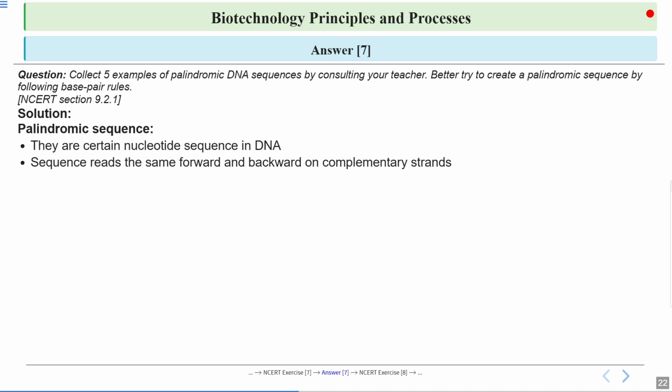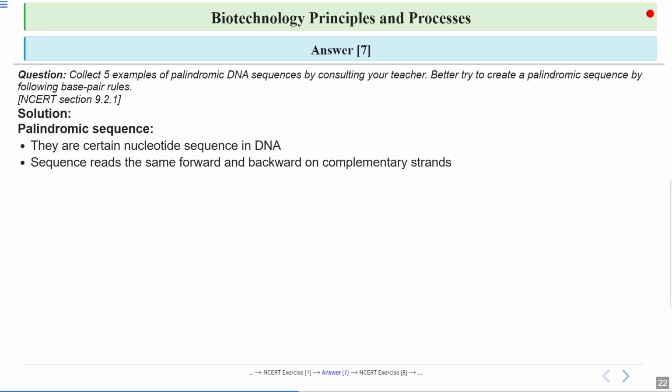So some of the sequence that is read from 5 prime to 3 prime forward, in the second strand the same sequence is present in the backward direction, right? So those sequences that can be read the same forward and backward are called palindromic sequences.